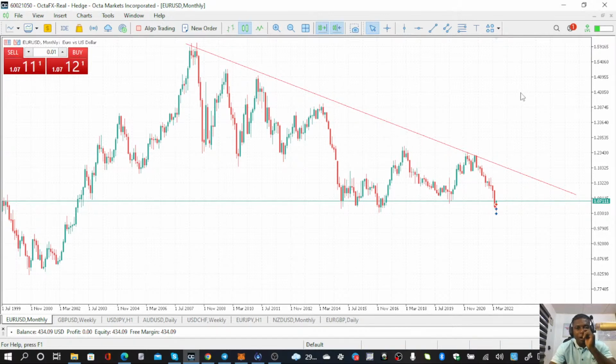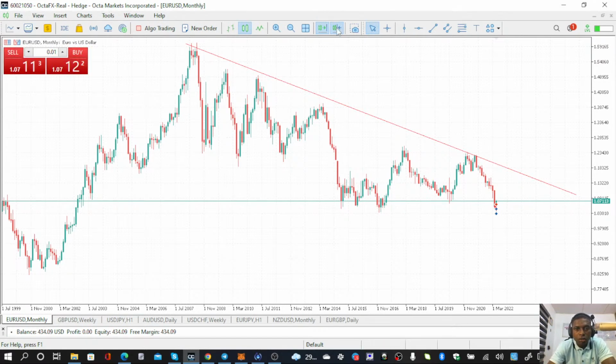So now let's map out levels of support and resistance, because these levels are very important for us to observe. When we observe these levels, it helps us understand where price might most likely get to, either to the upside or to the downside.